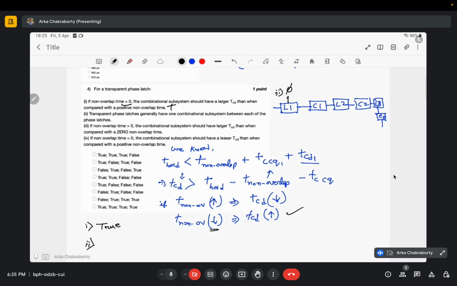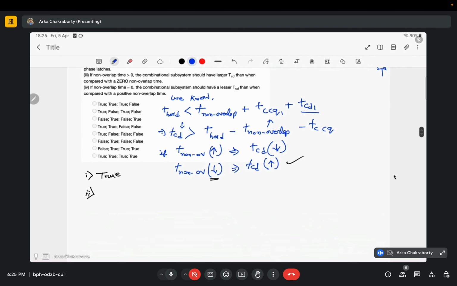Here it would be phi 1, phi 2, phi 1 again, and so on. So in transparent phase latches, it is true that generally we have one latch, then one combinational circuit, then another latch, and so on. So the second one is also true.